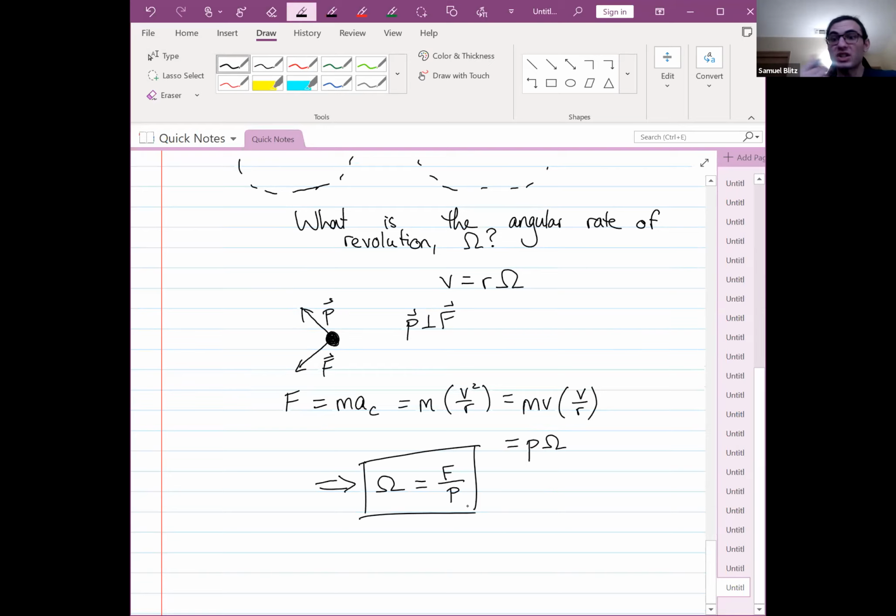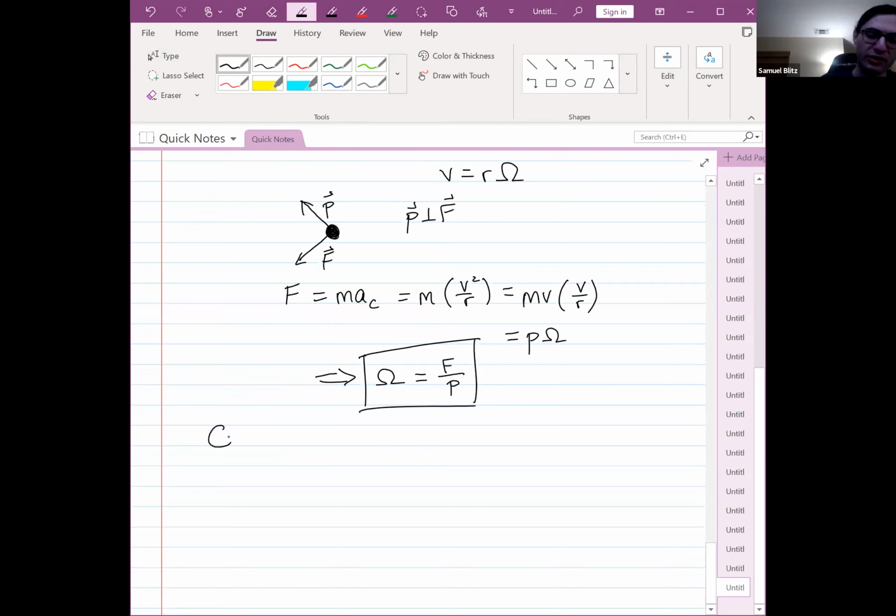And you could go and test this, and you'd find that whatever the tension force is pulling the rock back, you divide it by the mass times the velocity, and you get the rate, however many radians per second it goes around. So we can do the exact same thing for gyroscopic precession. We just argue by analogy. So in this case, we have a wheel.